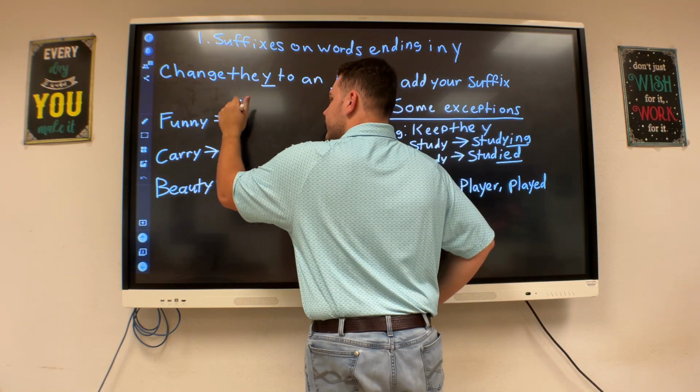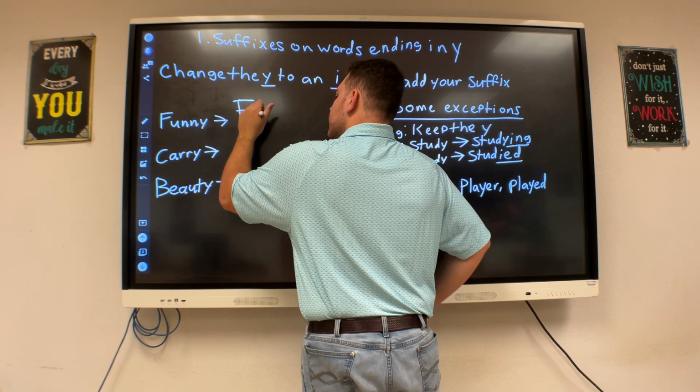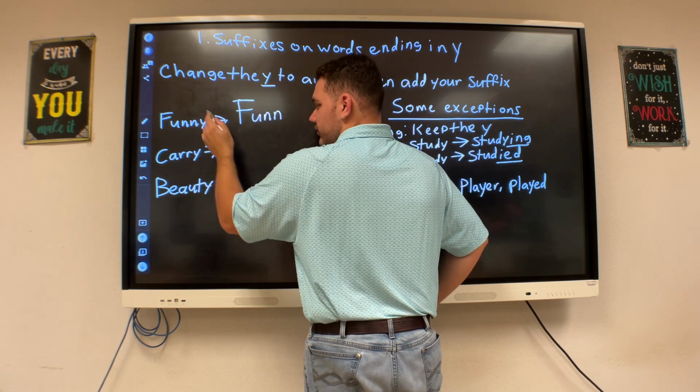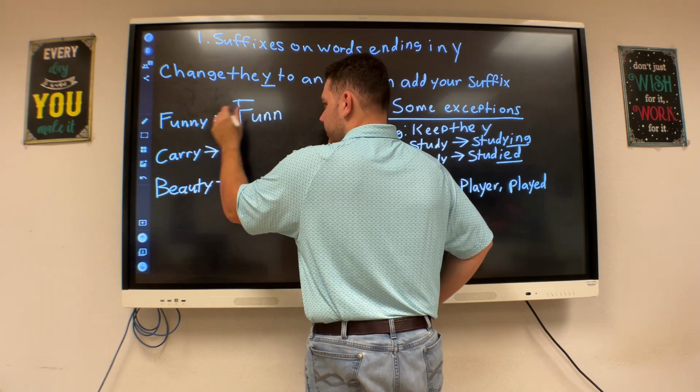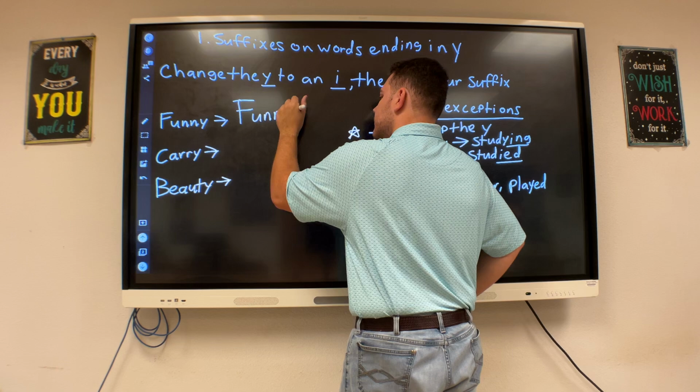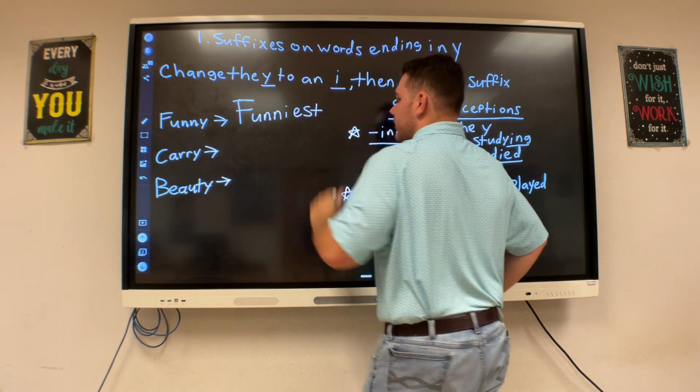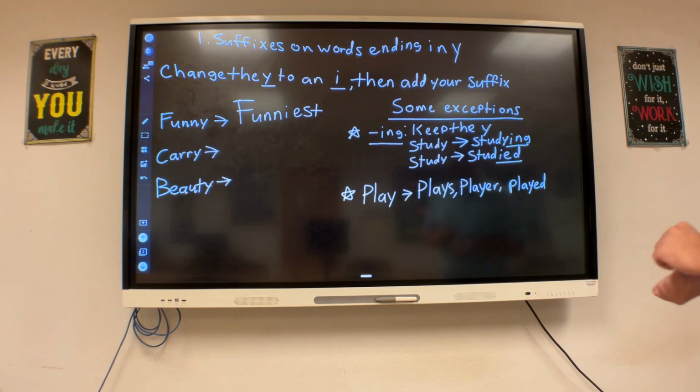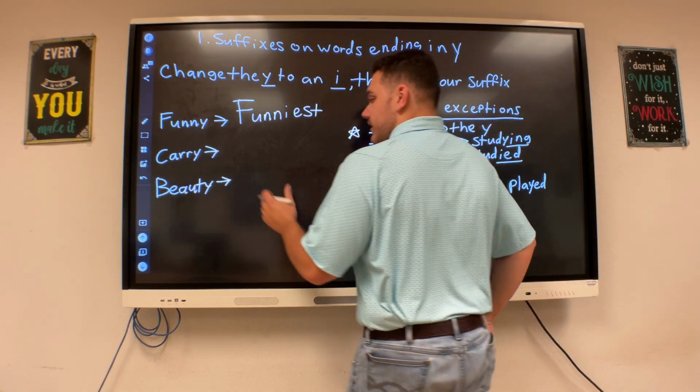Like I said, we have funny. We change the Y to an I and add our suffix, EST. So funny becomes funniest. All we did was change that Y to an I and then add the little tag on the end. It would be the same with carry.